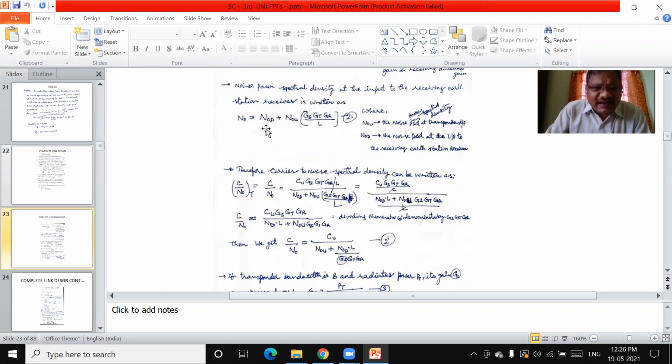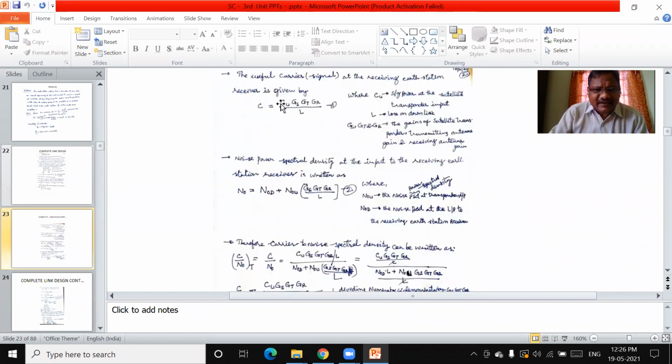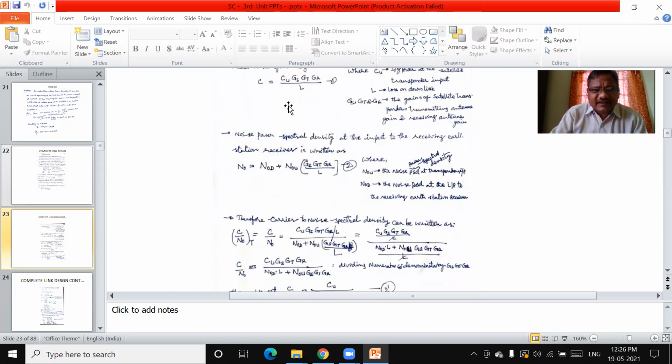So now, what are the parameters that are going to be present in that signal? Noise power spectral density. N naught is nothing but the noise power spectral density for the downlink, NOD, plus the noise power spectral density for uplink, NOU, into GS GT GR by L. This whole term plus NOD.